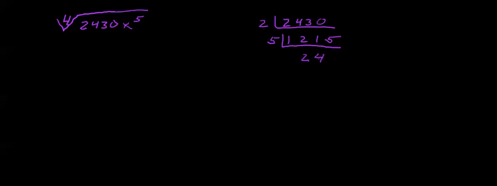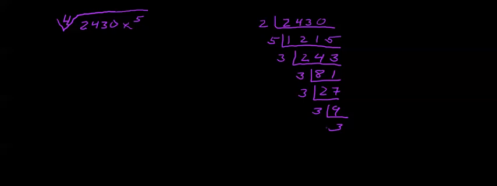4, 243. And then I'm going to divide by 3, 81, 3, 27, 3, 9, and 3, 3.